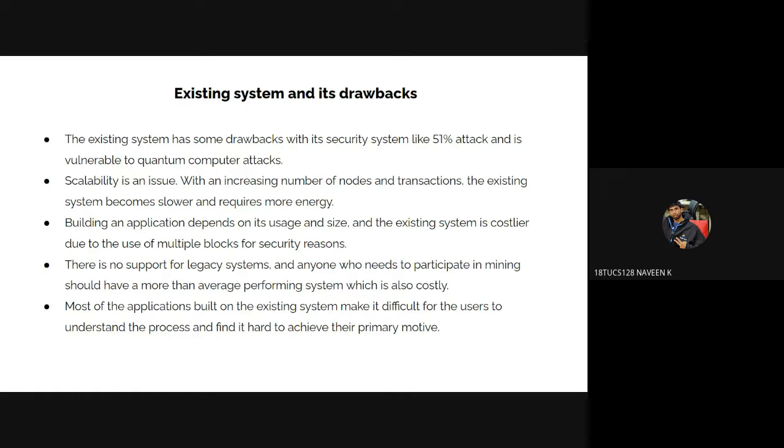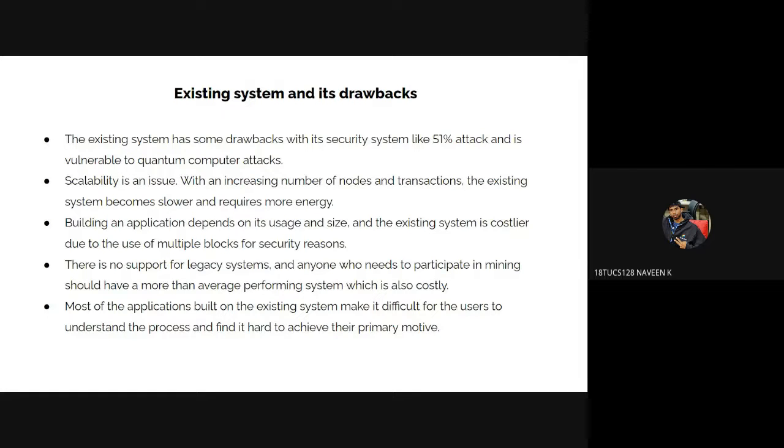The first thing is the 51% attack. The blockchain has a major concern in it, the 51% attack. Basically, the network is owned by miners, and when a miner gets above 50%, occupying 51% of the block, it becomes an attack where if anyone tries to make a payment or do a transaction, the attackers or miners do not allow them to perform the action.